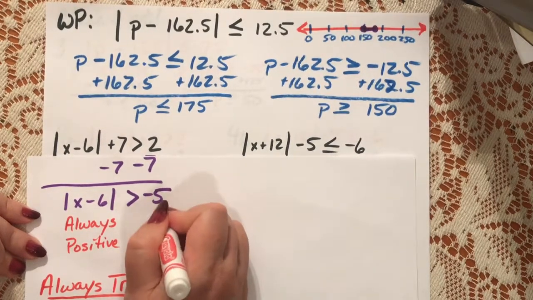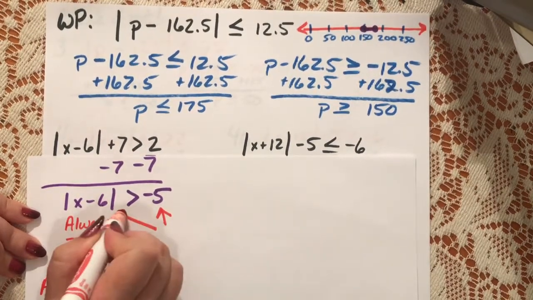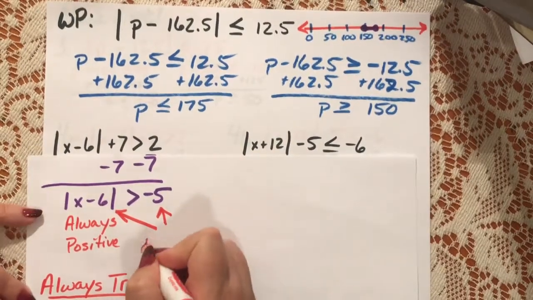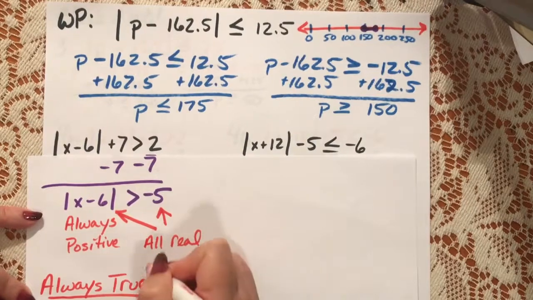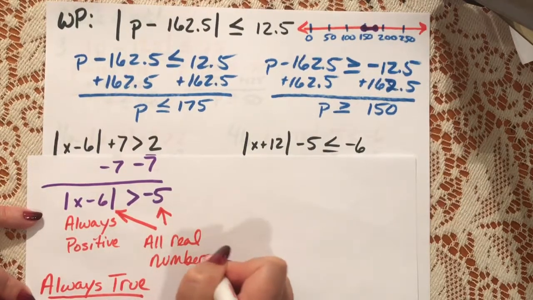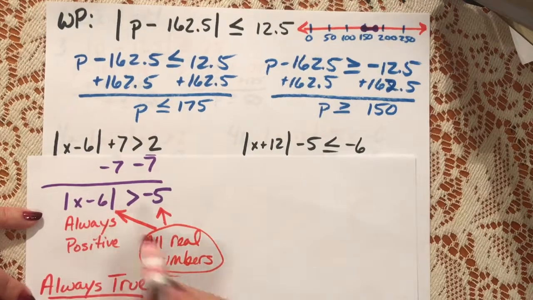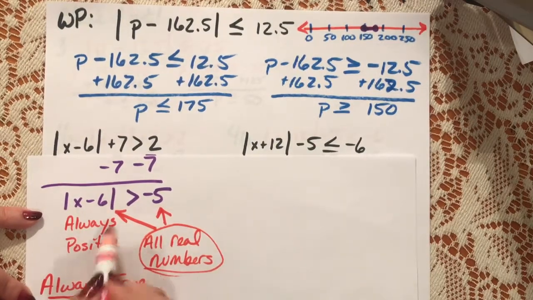So if you end up with a negative number next to an absolute value, your answer is all real numbers. Because anything that you stick in here is going to make this true. Every positive answer is going to be greater than negative 5.